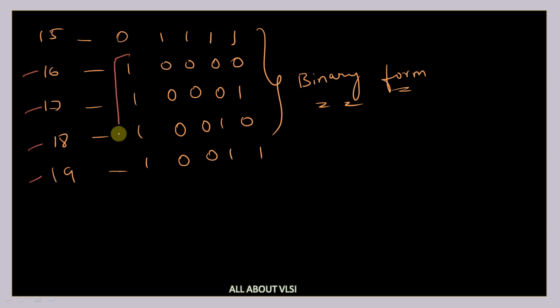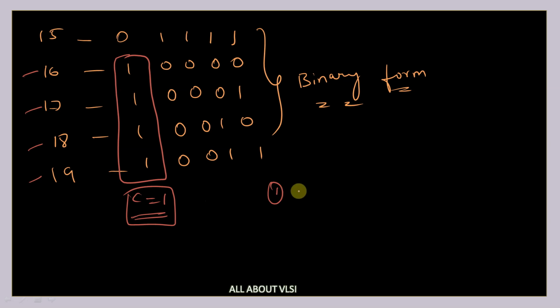We can clearly see that C is equal to 1. Yes or no? So the first condition I have got is C is equal to 1. This is the first relation.